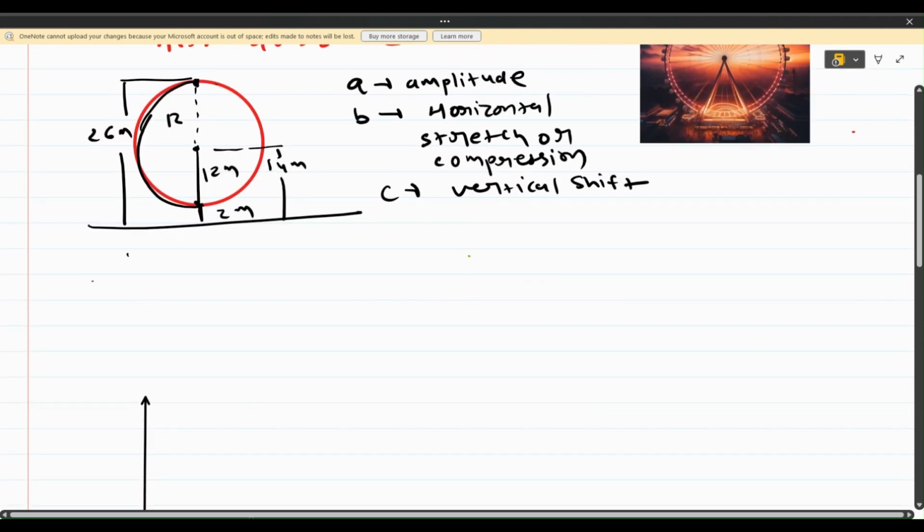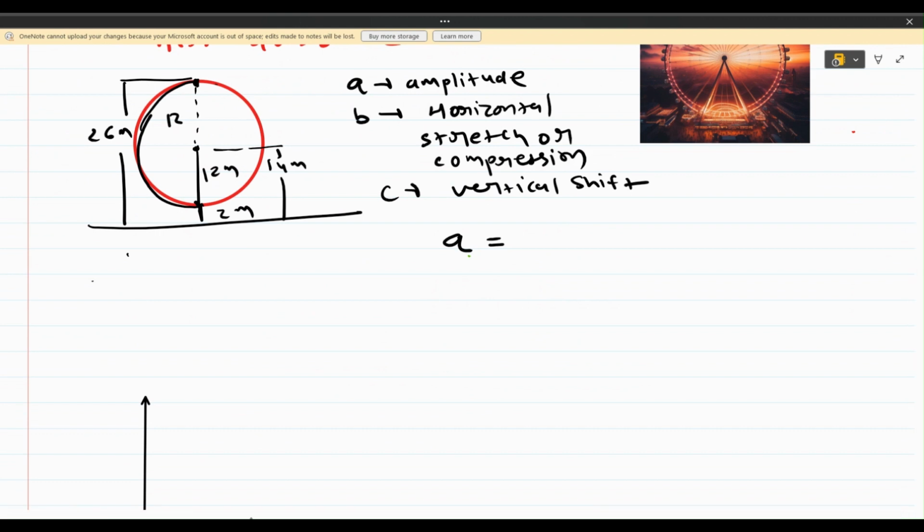If you want to get the amplitude in the Ferris wheel problems, subtract the minimum height of the Ferris wheel above the ground from the maximum and divide by 2. So the maximum height above the ground is 26, the minimum is 2, divided by 2, that would be 12.